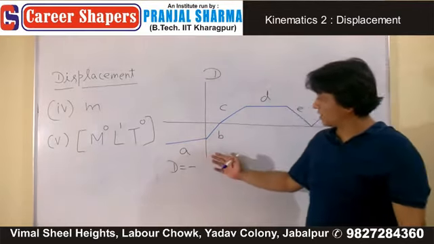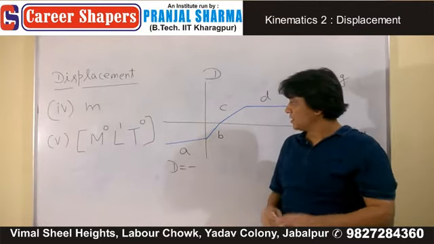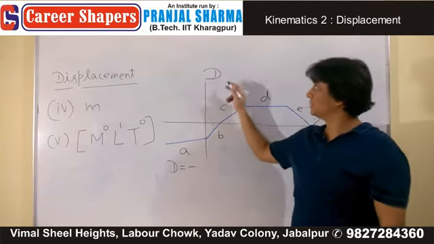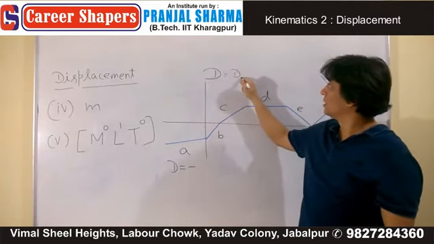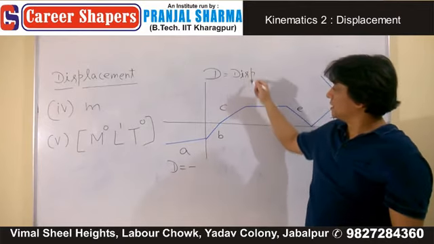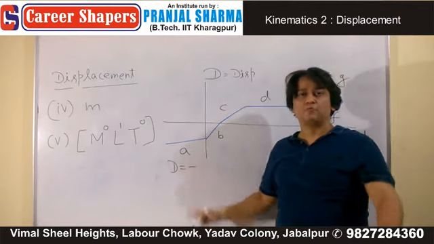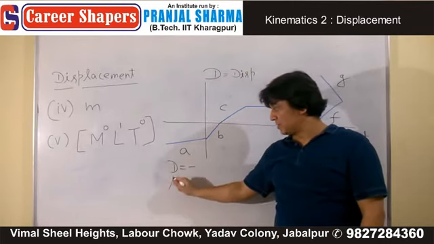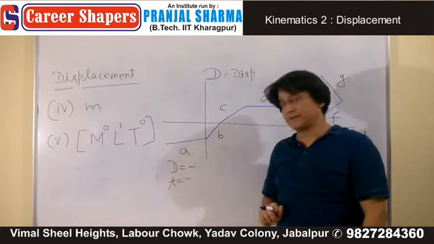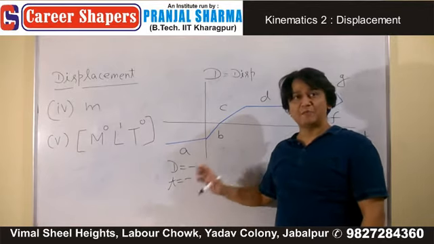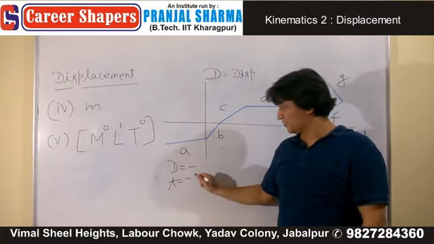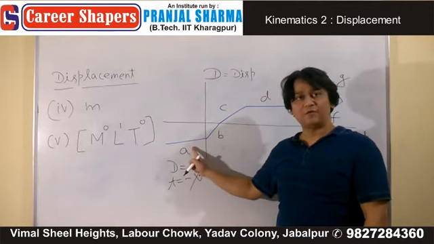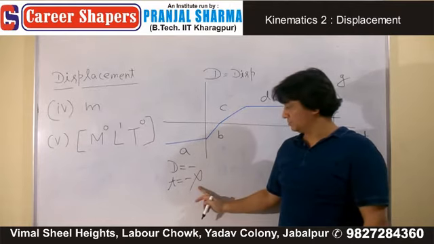Look at this first part, A. In the first part, capital D, that is displacement, is negative. There is no issue with displacement being negative, it can be. The problem is that time is also negative. Time cannot be negative. Because of this, graph A is not possible.